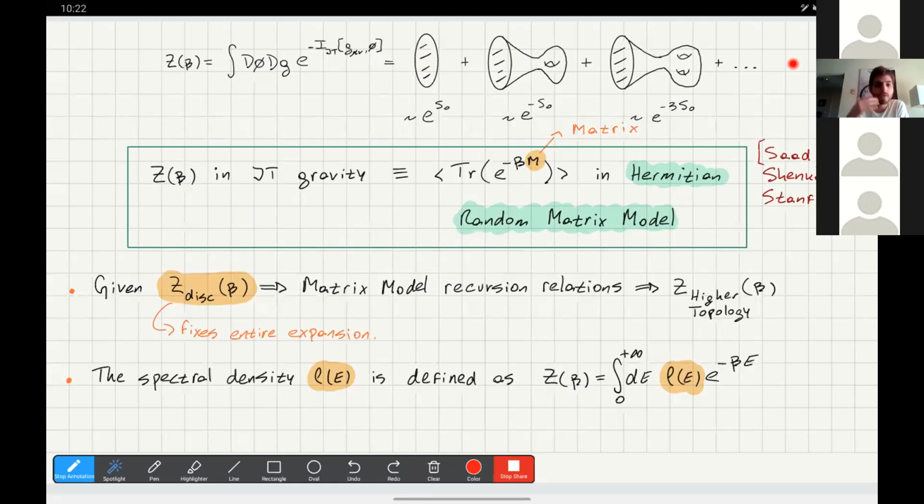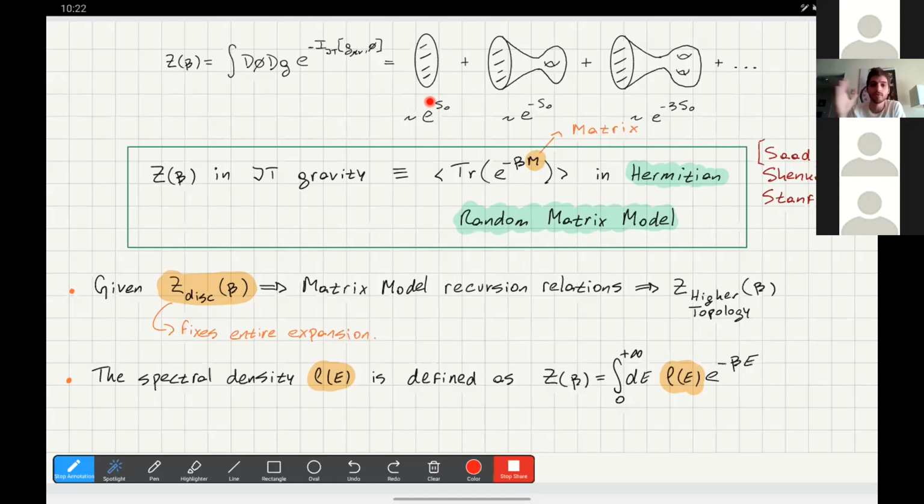And to give you a flavor of how this works, the way in which this works is by first computing this partition function. Luckily, this can be computed exactly. This is to say, we're doing a quantum computation here, and the nice thing is that this partition function is one loop exact.